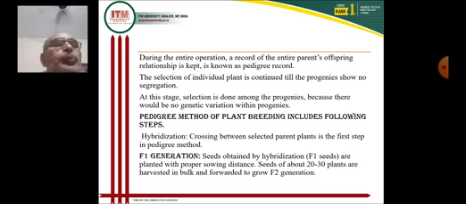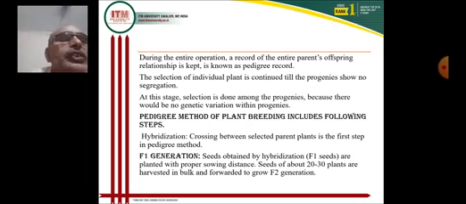Pedigree method of plant breeding include following steps. First, hybridization. Crossing between selected parents is the first step in pedigree method. Now, F1 generation, which is obtained by crossing of two dissimilar genotypes.